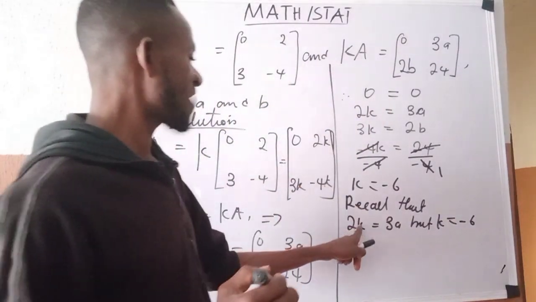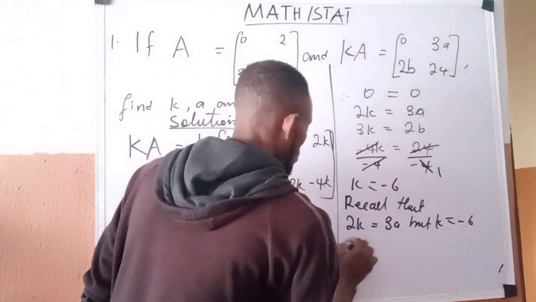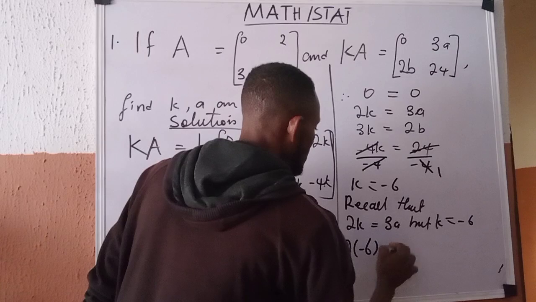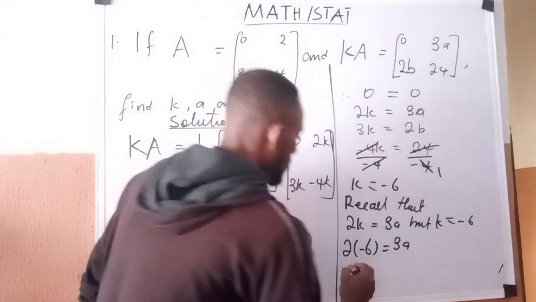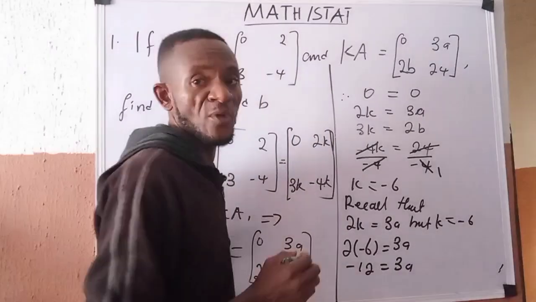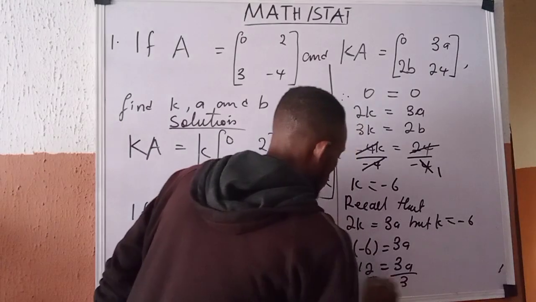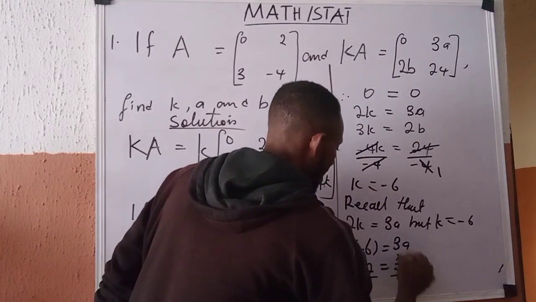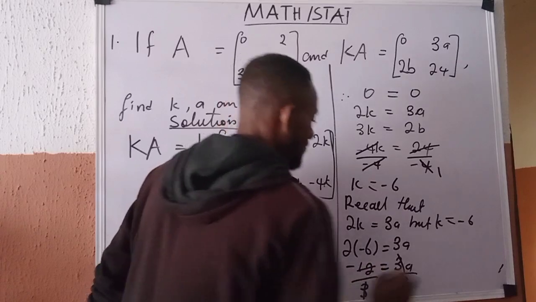So wherever I see this k, I will put minus 6. And it becomes 2 into minus 6 is given as 3a. This will give me minus 12 equals 3a. Dividing both sides by the coefficient of a, I will say all over 3, all over 3. This will cancel this and I'm left with a. 3 into itself is 1, into 12 is 4.